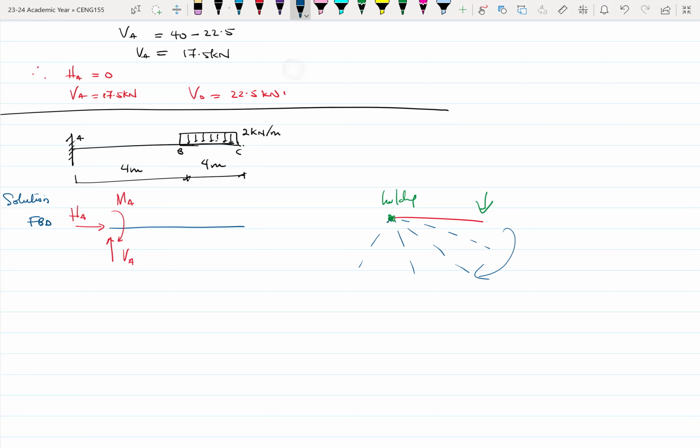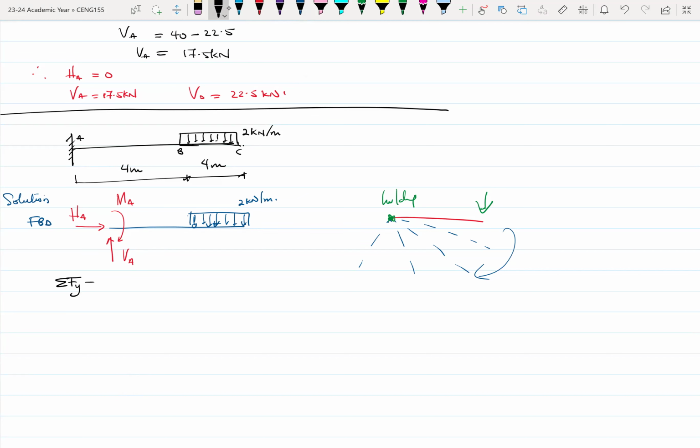So we still have our load here, and this is acting downwards. Now let's sum forces and see what we have. The summation of horizontal forces equals 0.